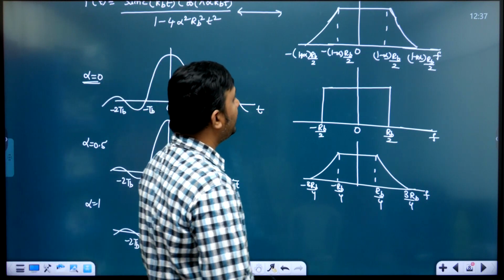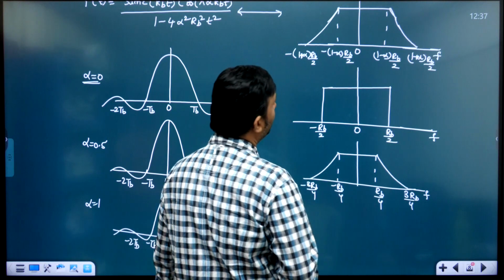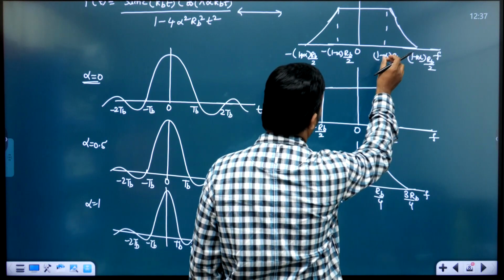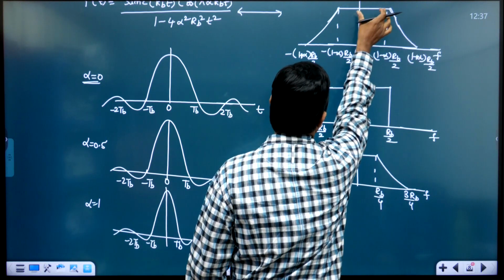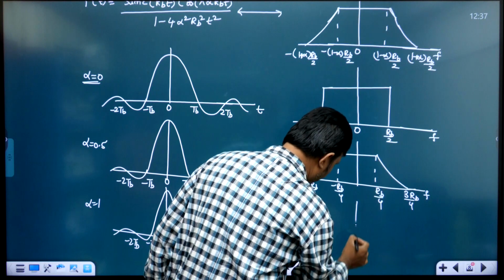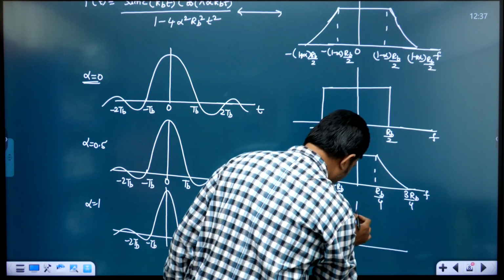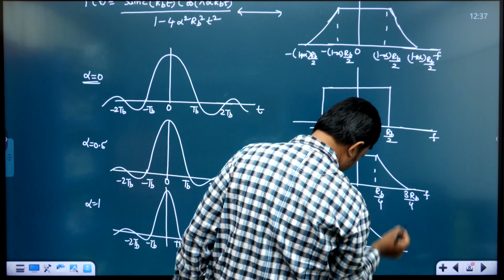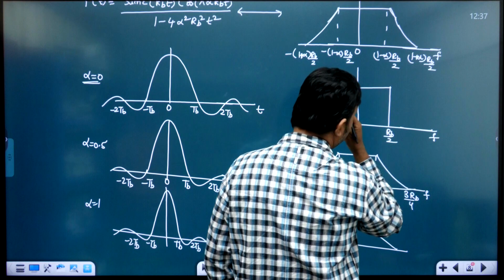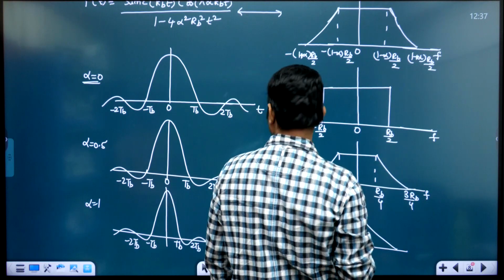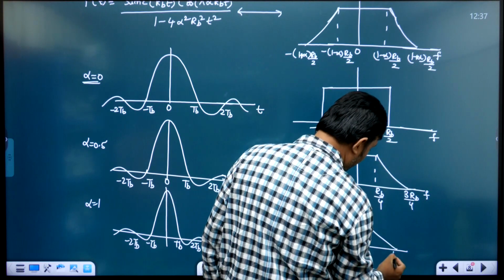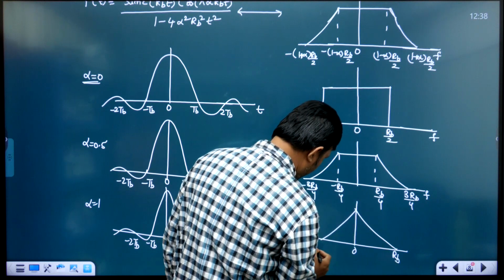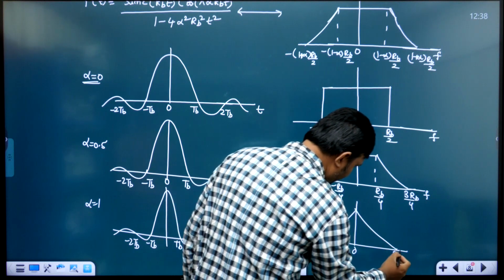Alpha equal to 1 means this becomes 0, so this width becomes 0 and we have a shape like this. So this becomes RB, 0, minus RB.